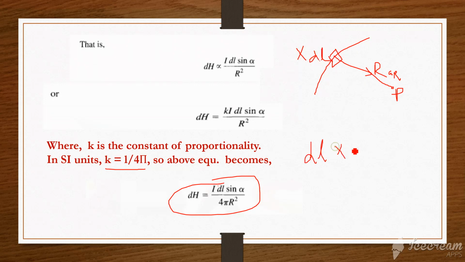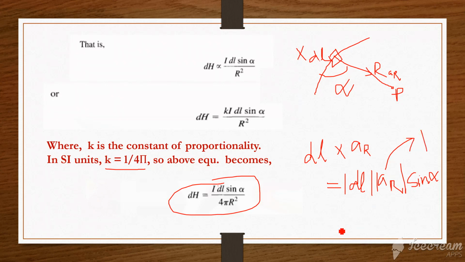Now simply take the cross product of these two, that is DL cross AR is equal to mod of DL into mod of AR into sine of the angle between these two. This angle we already know is alpha, so into sine alpha. We know the modulus of a unit vector is 1, so we can write this term simply as DL into sine alpha.